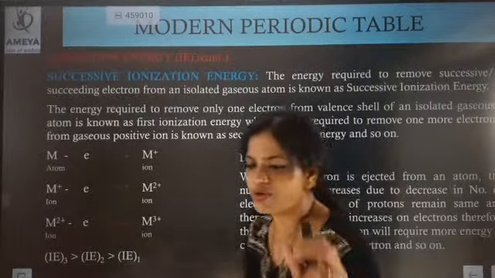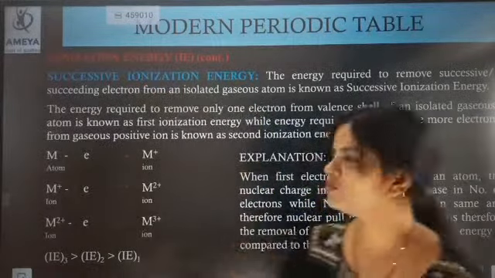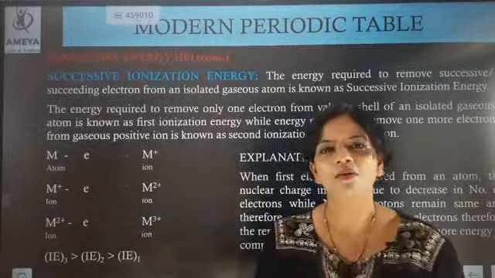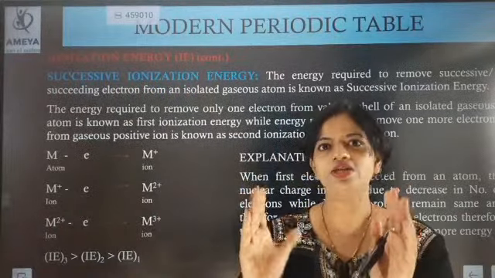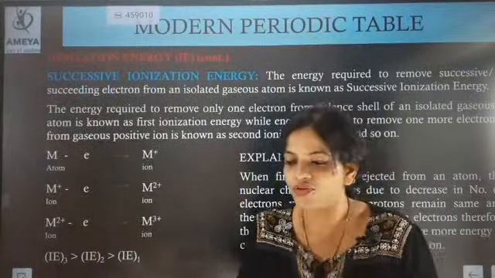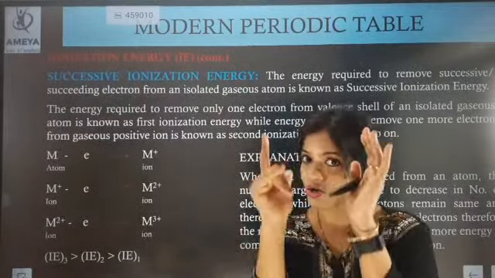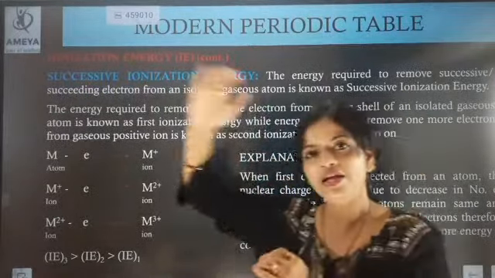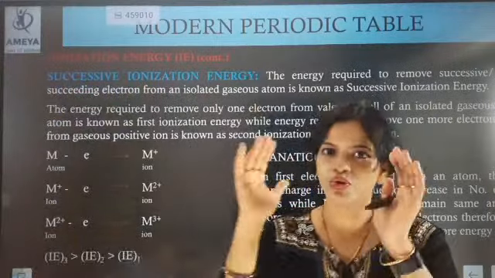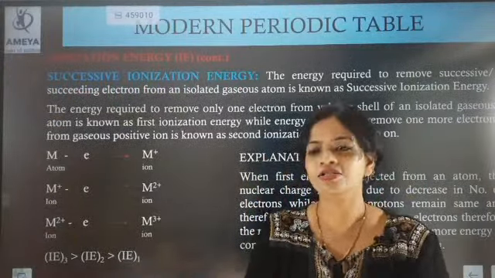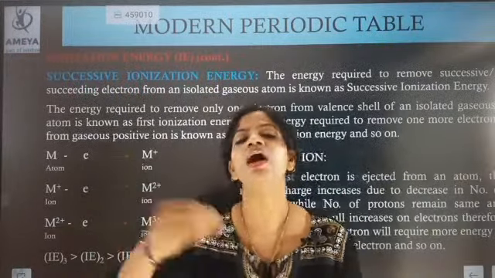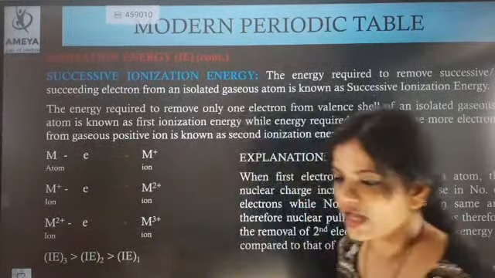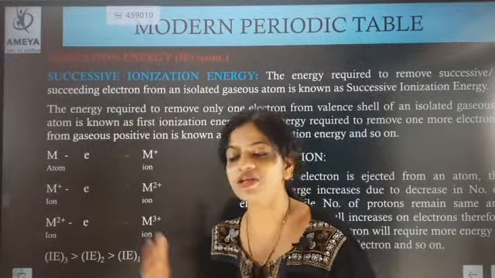This is what I told you in the simple story, that the nuclear charge remains the same, but every time you take out one electron, the nuclear charge becomes more effective, which will not allow the release of another electron. So to maintain a balance, you have to give more energy. Every time you have to keep on increasing the energy.